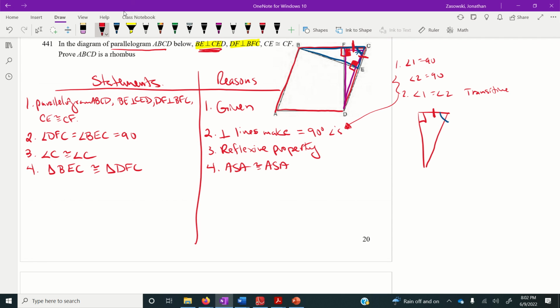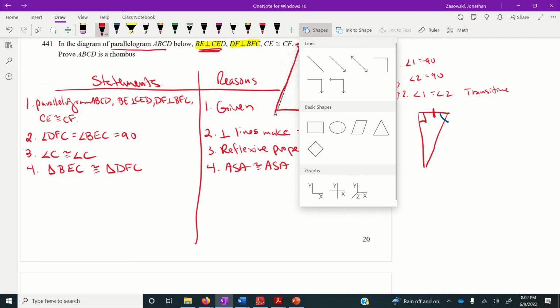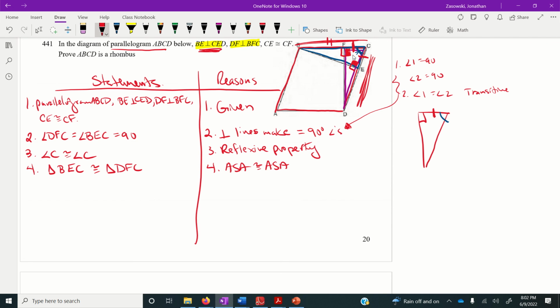All right. And now that those triangles are congruent, how do we get this to be a rhombus again? We just need to get these sides equal first. Once these two sides are equal, then we can say that they're all going to be equal. So step 5, we're going to say that BC is congruent to DC because of CPCTC.